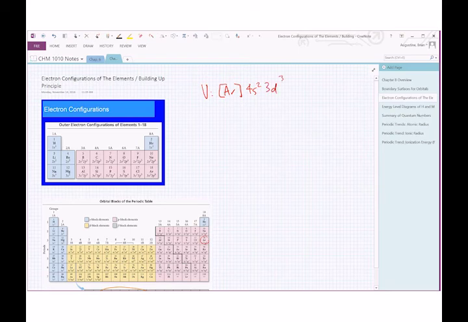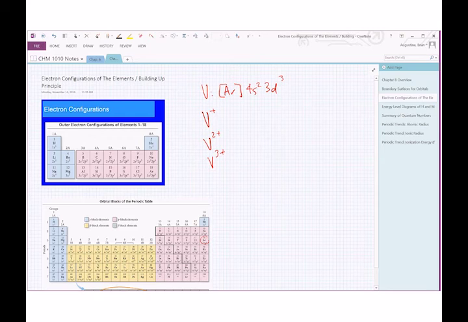Now, if you remember, I told you when we name compounds with transition metal ions, we need to tell the Roman numeral of the ion because there are several different oxidation states that are possible. Vanadium can form +1, +2, or +3 ions.